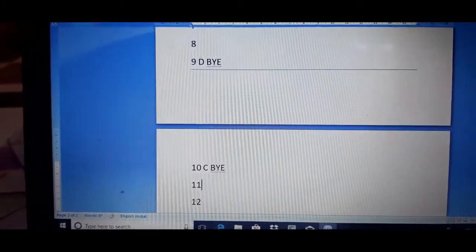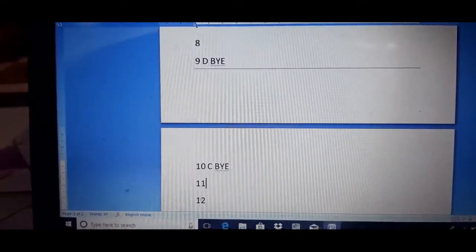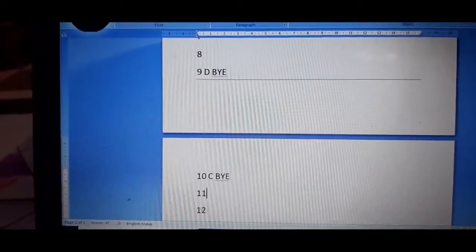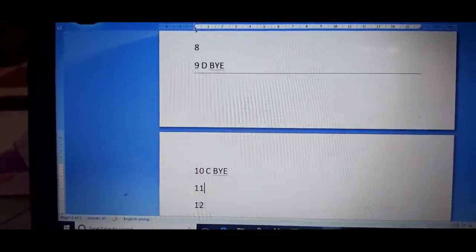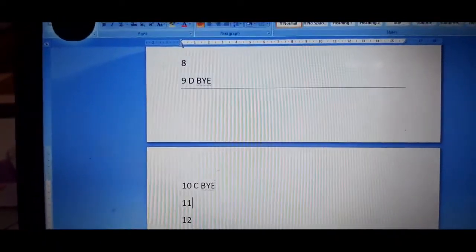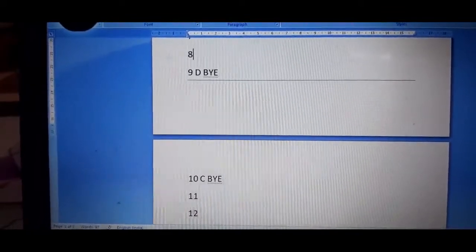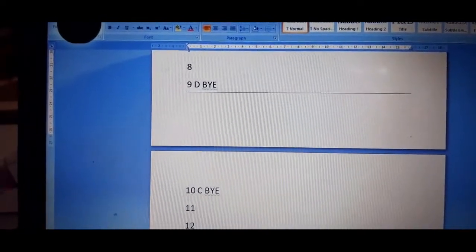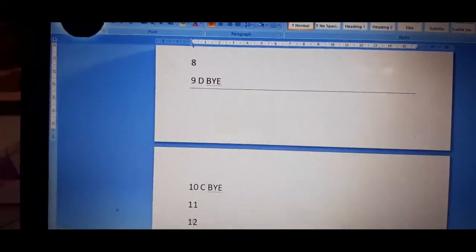Till 9 we have drawn a line, so that is the upper half, this is the lower half. So this 10 is known as the topmost number of the lower half, so c bye over here. And then the fourth bye is given to the lowest number of the upper half, and the upper half's lowest number is 9. Have you understood, students?